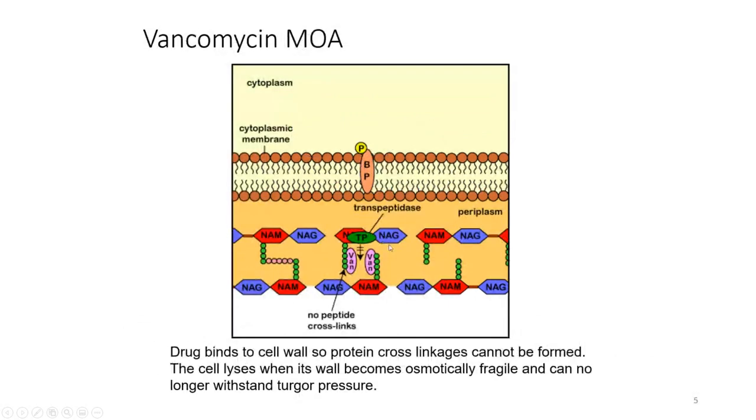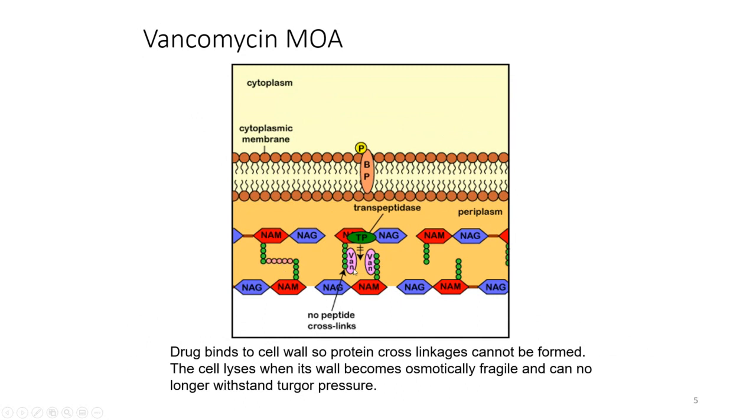Okay. Now here with vancomycin, notice on the left, the optimum goal here is this upper layer of NAG and NAM is going to be linked to the bottom layer by these 5 pink circles. That's our peptide links.